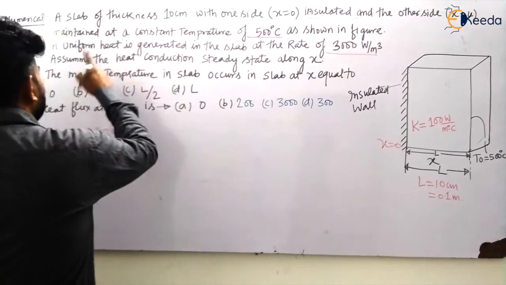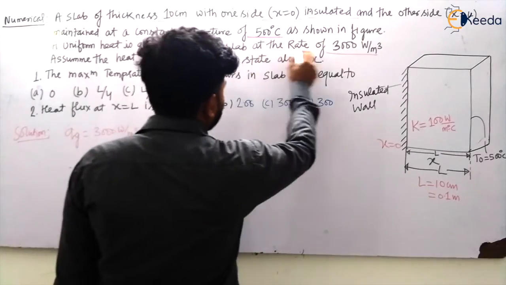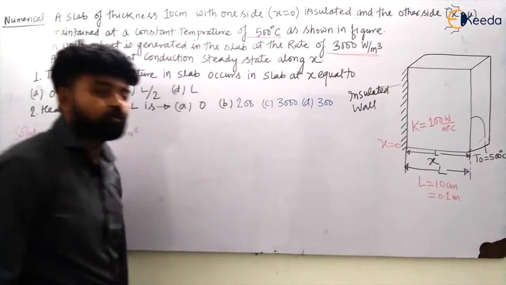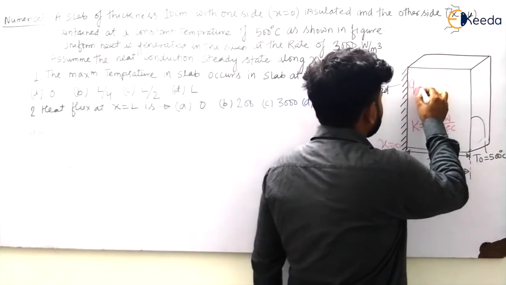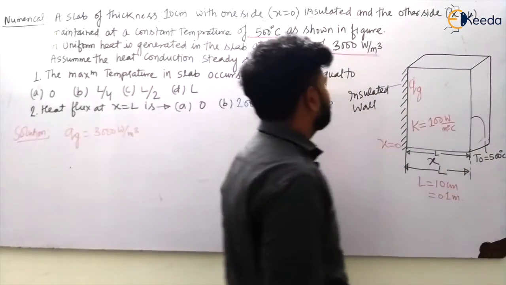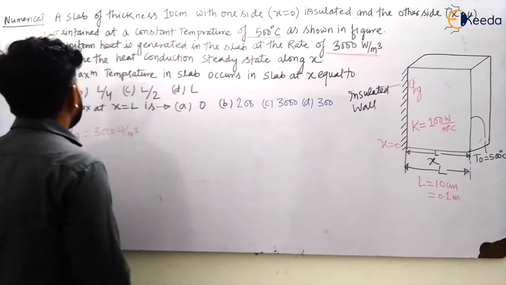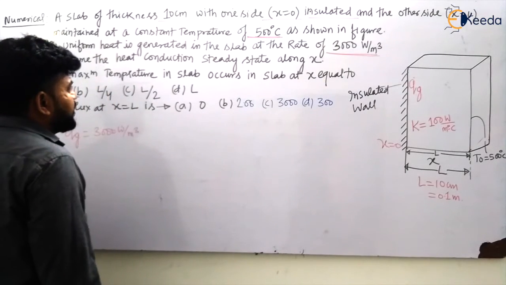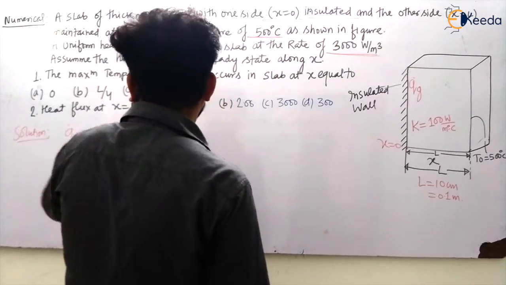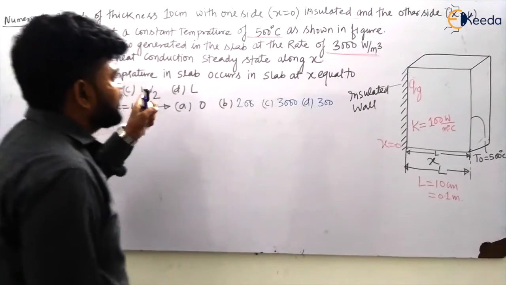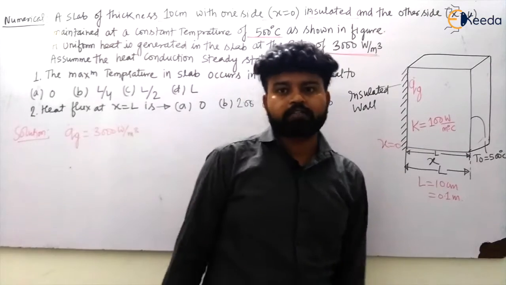A uniform heat is generated in the slab at the rate of 3000 watt per meter cube. Assume the heat conduction is steady state along x.